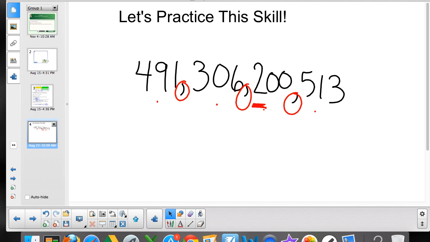If we're talking about the place of the 2, we want to know what place the 2 is in. Well, this is the ones, or the hundreds, and this is the thousands. So we look at the place: 1, 10, hundreds. The 2 is in the 100,000s place. So we have a hundred thousands place again.